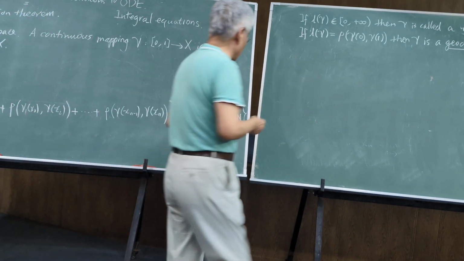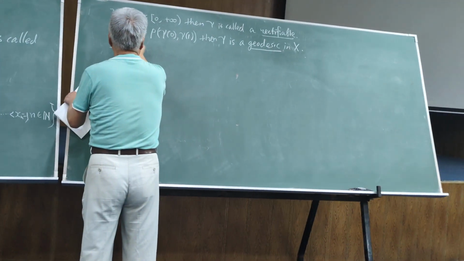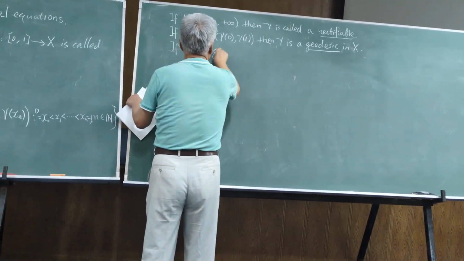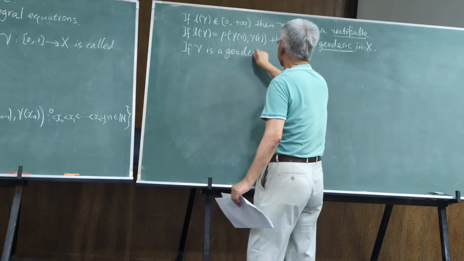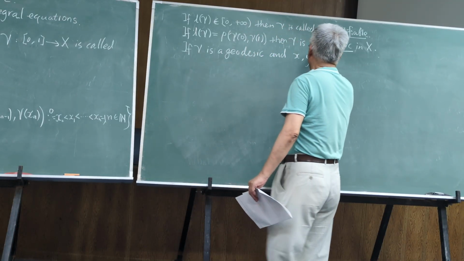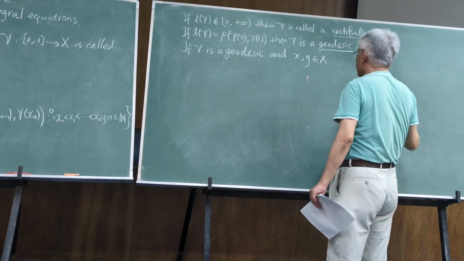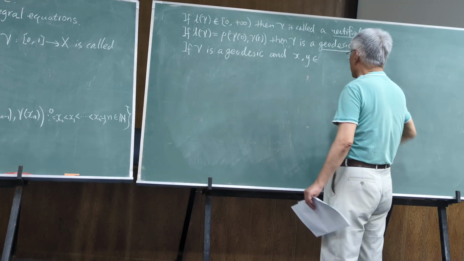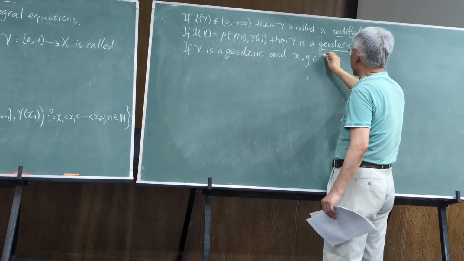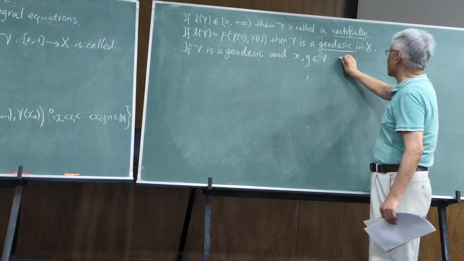So we will write it down. If gamma is a geodesic, and x, y are on gamma, meaning that they are images of some points in [0, 1], and they are not equal.